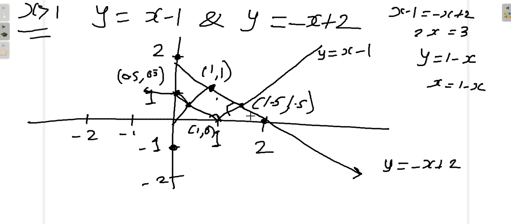So let us find the length and the breadth, and we should be able to get the required area by using length into breadth equal to area. So let us find this length. This length will be 1.5 minus 1, that is 0.5 whole square, plus 1.5 minus 1.5 whole square.